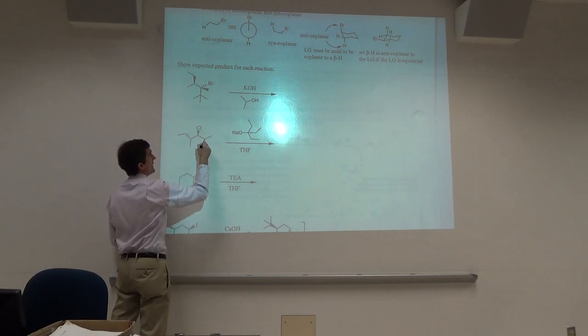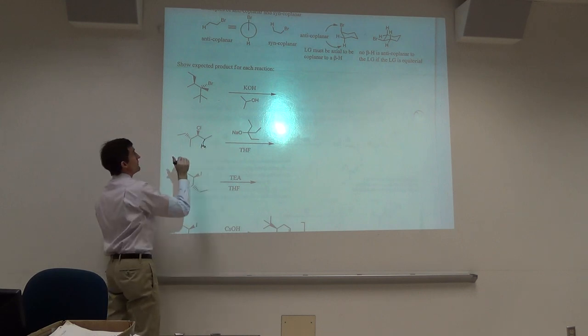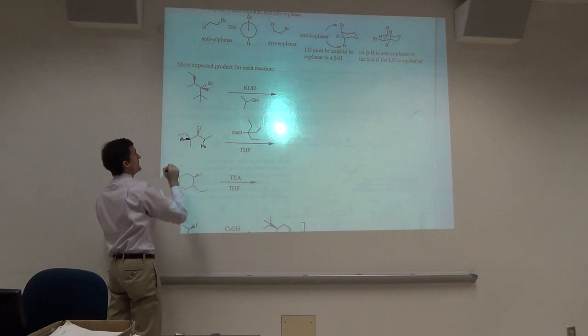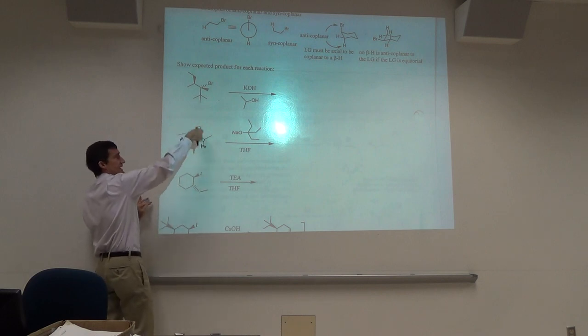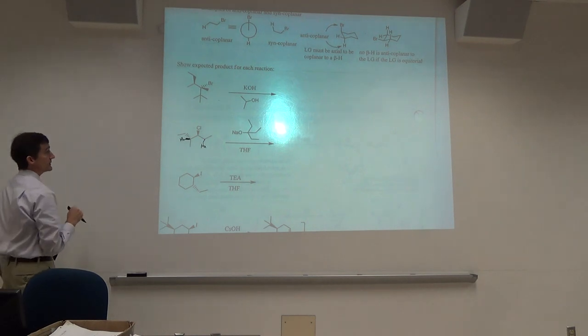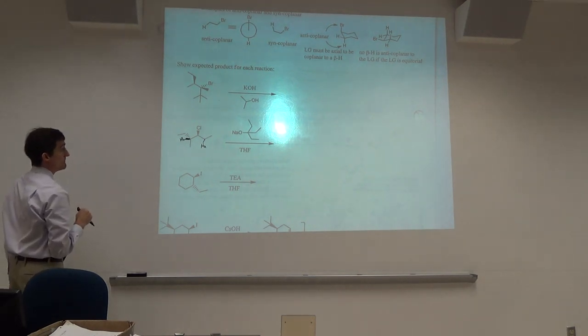You have a beta hydrogen here. We'll call that A. There's actually two of those. But you also have a beta hydrogen here. We'll call that B. If we eliminate HCl with the H of HCl being A, what will the product be?